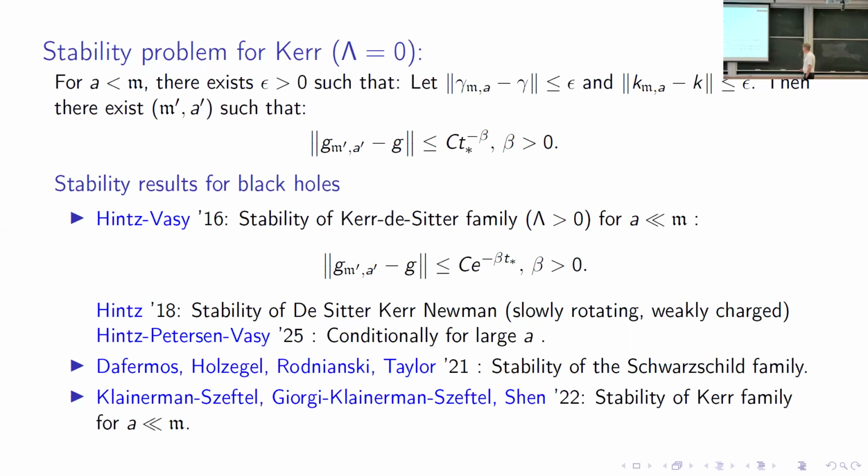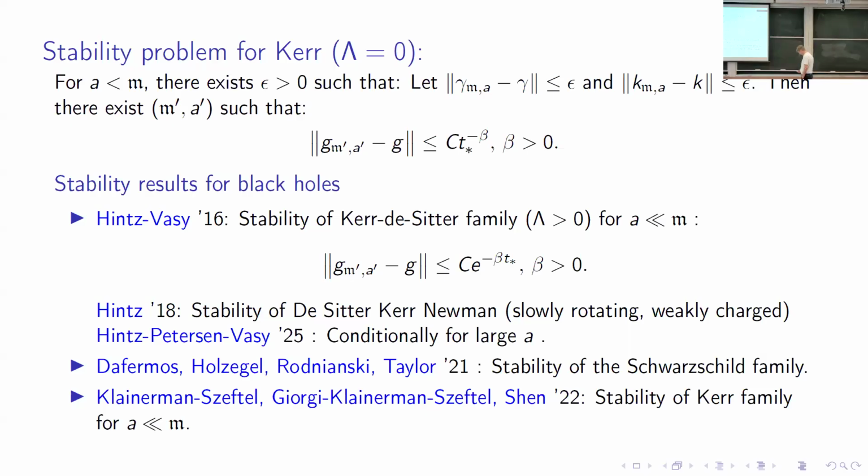Then there's the stability of the Schwarzschild family by Dafermos, Holzegel, Rodnianski, and Taylor in '21, and the works of Klainerman, Szeftel, Giorgi, and Shen about the stability of Kerr for small a. Okay, so this is enormous progress. There have been so many people working on it with so many new ideas.